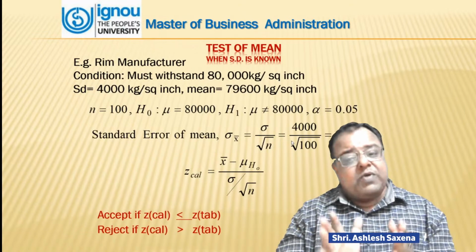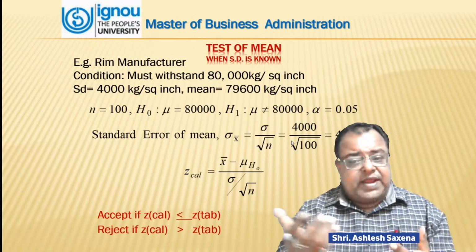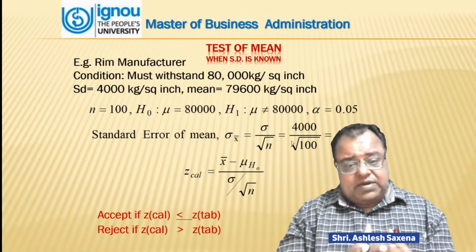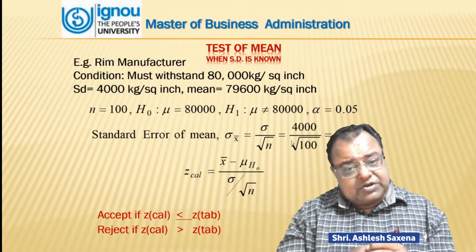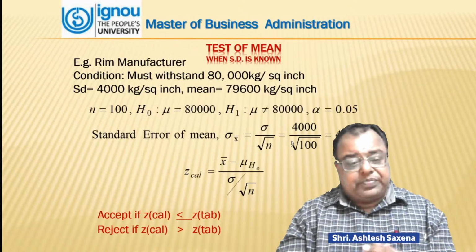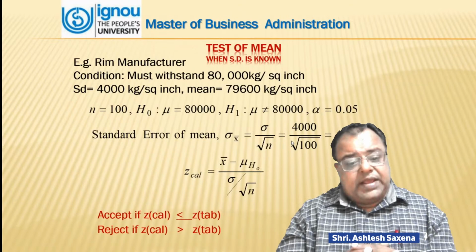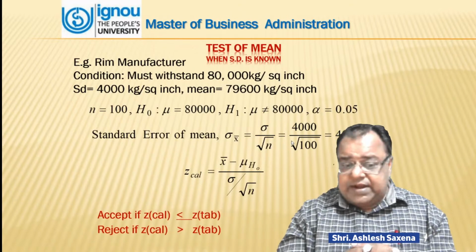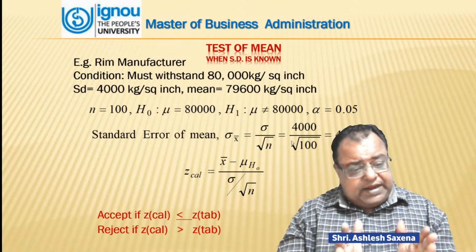Alpha is 0.05. The standard error of the mean is calculated, that is sigma by square root of n. Putting in the values, we get 400. Then we calculate the Z value, which is equal to x bar minus mu0 upon sigma divided by square root of n. If the Z calculated value is less than the tabulated Z value, it is accepted.